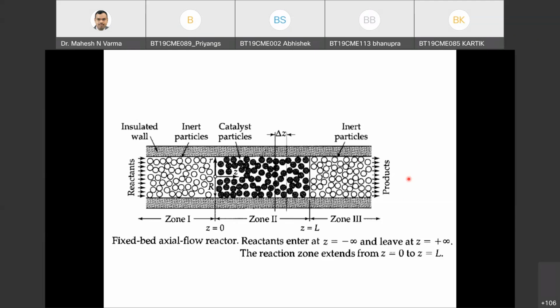If you have pure reactant or pure fluid, then we can handle the energy content by internal energy. This you might have studied in thermodynamics. Whenever there is a mixture, the total energy content can be better handled by enthalpy rather than internal energy.